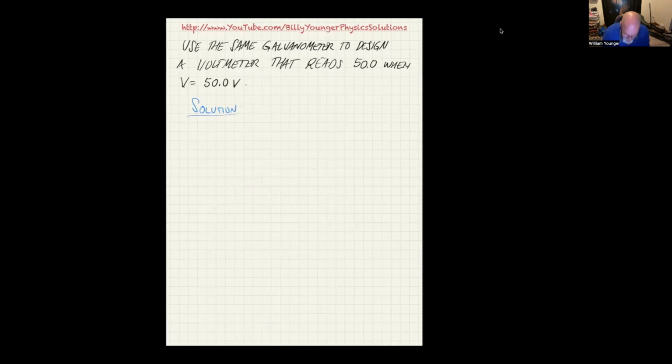So again, first off, I'll draw my circuit. In comes a wire, and it's going to go into what I call my voltmeter, which will be this red box right here.